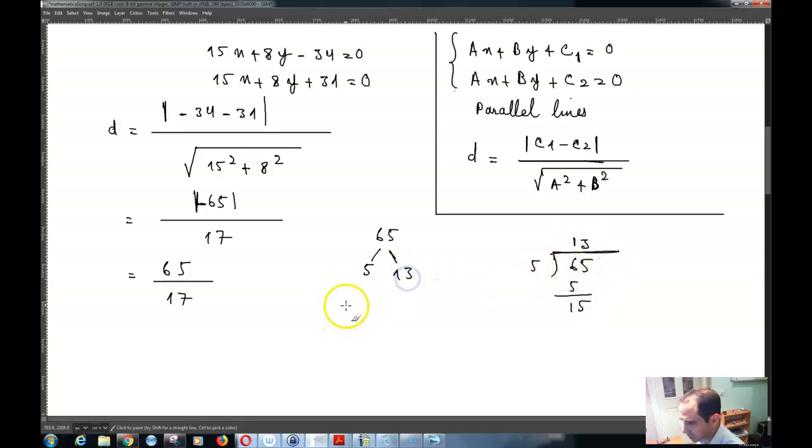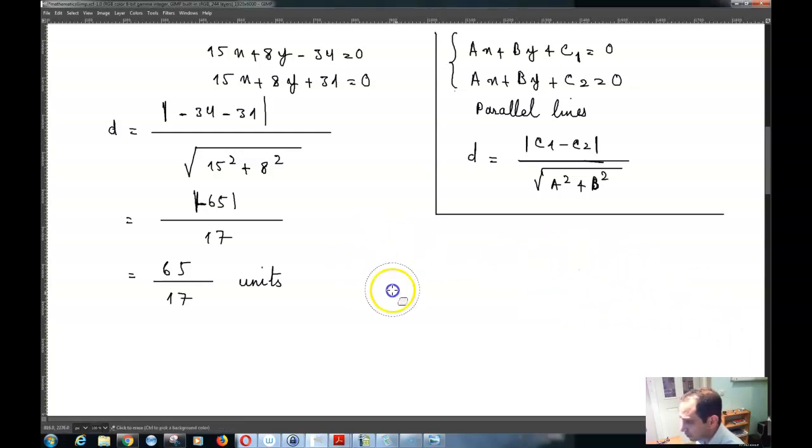So 5 times 13. So you cannot simplify this really. So the distance between these two lines is 65/17 units, which is hopefully the right answer. Number 6, 65/17 is the right answer.